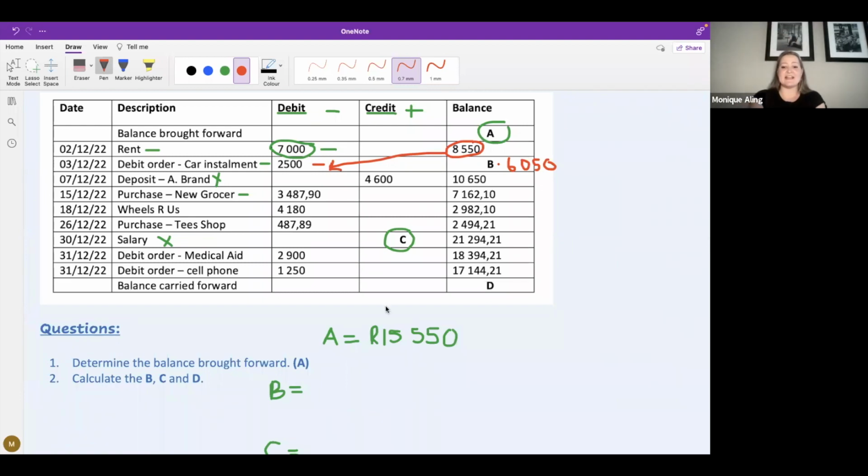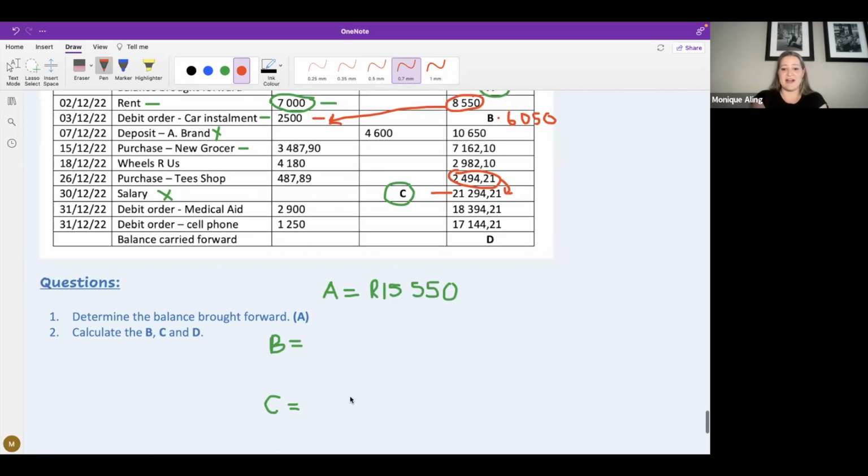Okay, then C, again, it's another backwards one. So we have our balance of 21,294.21. Before that was the 2,494. So we know that we must have added something to this 2,494 to give us the 21,294.